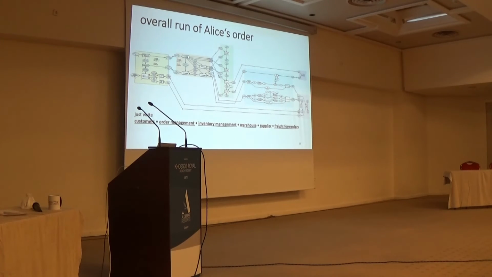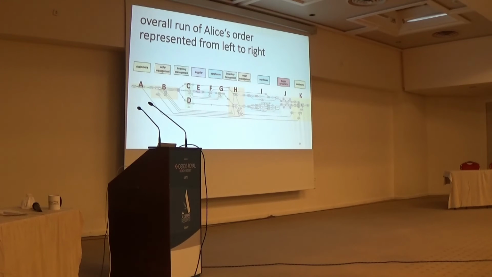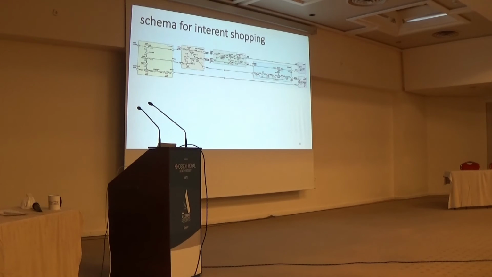If you don't believe this, then this is exactly the same picture, only written in a different way. So you see the initial part of the customer, and then all the rest, and then the final part of the customer, which we had originally in a circle, something like a circle. Now it's a partial order. And again, the composition operator applies. So you just compose all these components. Okay? Here is the schema.